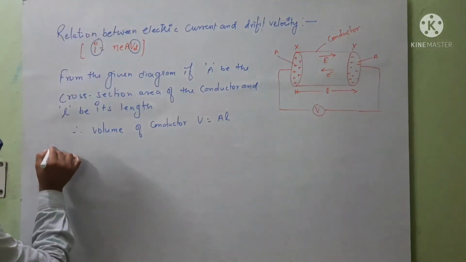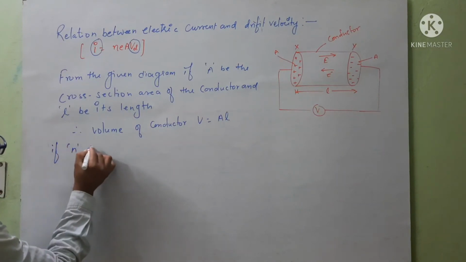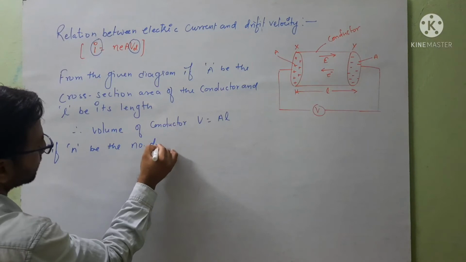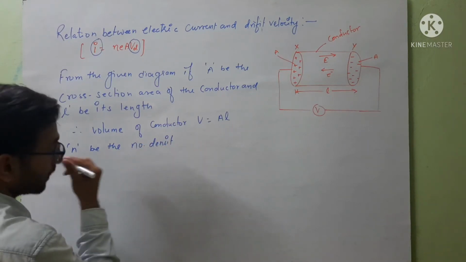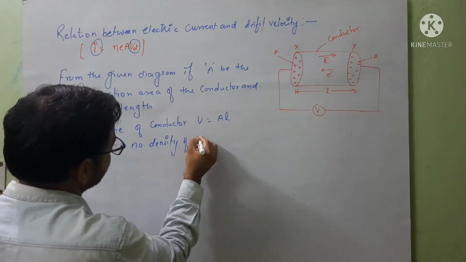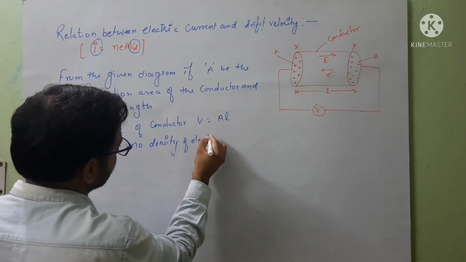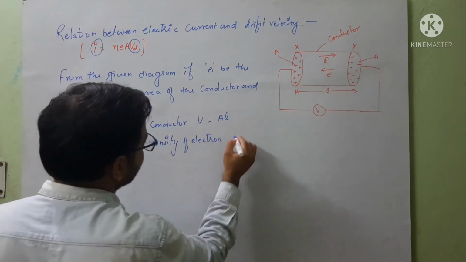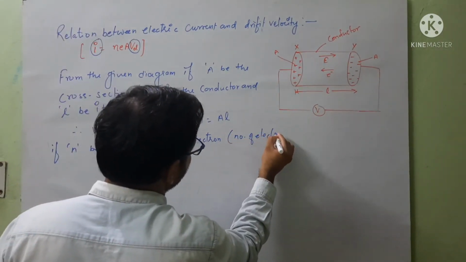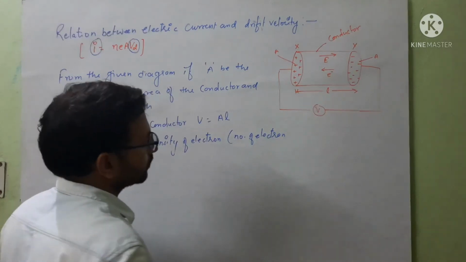And if small n be the number density of electrons, it means the number of electrons per unit volume.